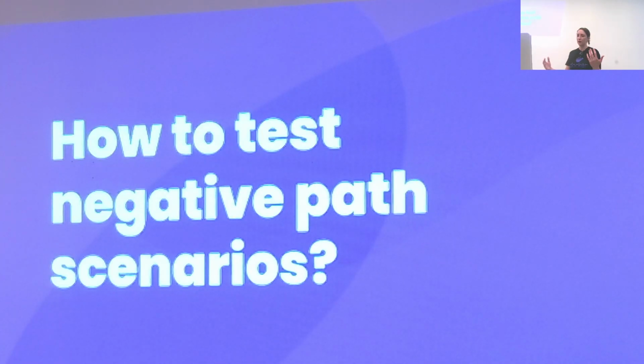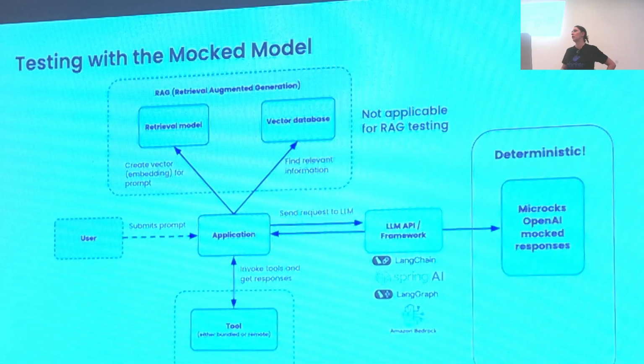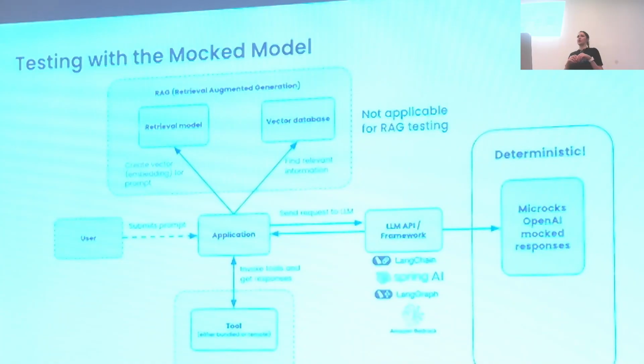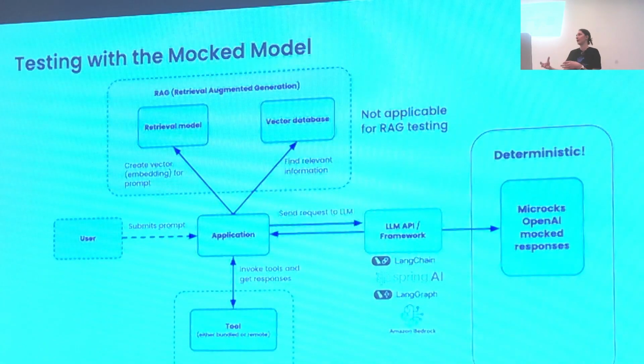So if we want to test how our application would behave in these scenarios, we can mock the model. Because this is just a REST API, when we talk to the model, we are calling the REST API.